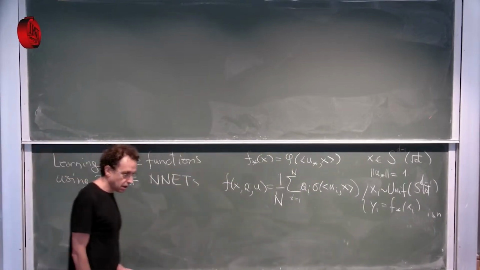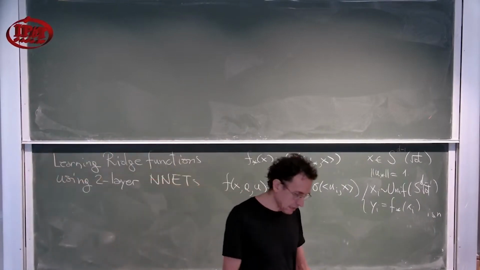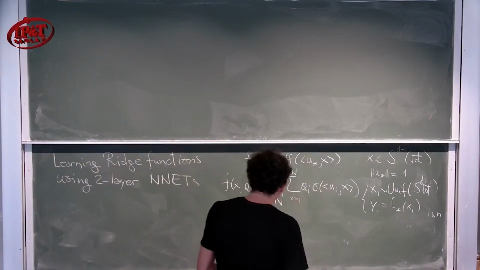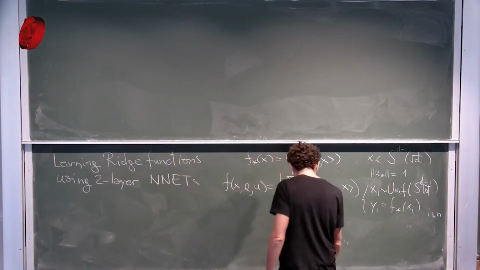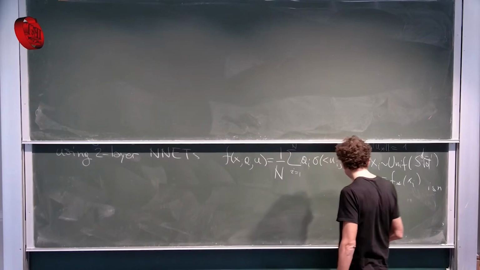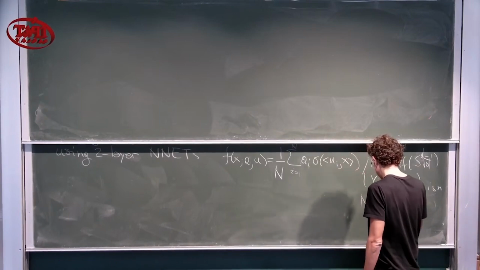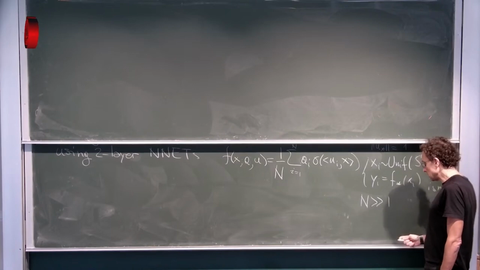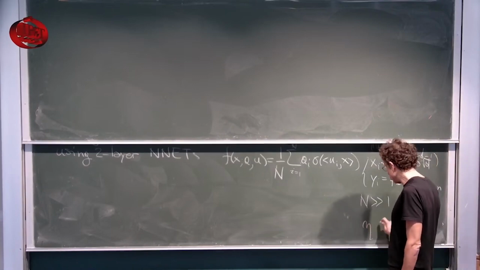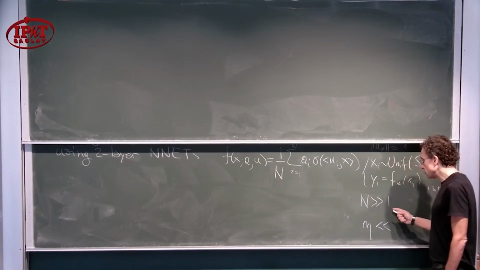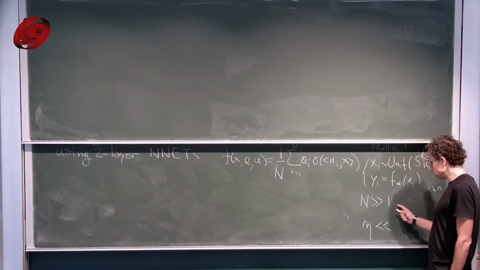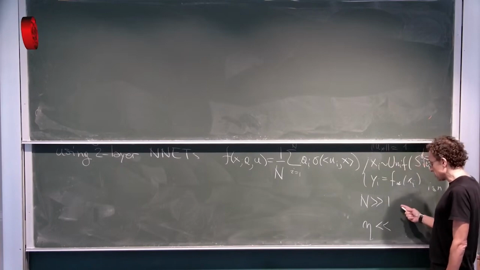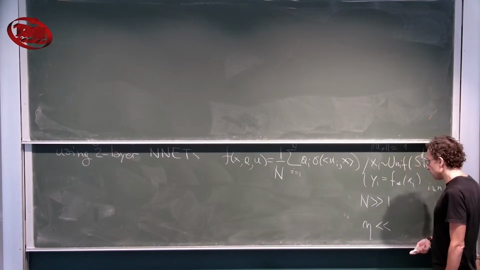that in the limit of large n, so a large number of neurons and small step size. Large number of neurons means large compared to 1, but not compared to the dimension.